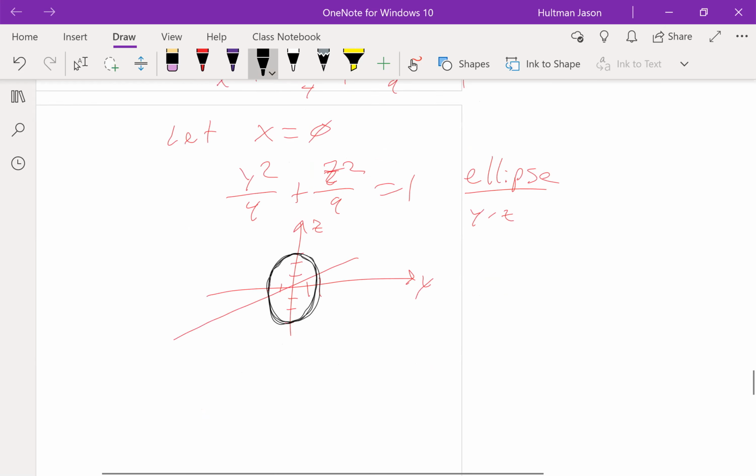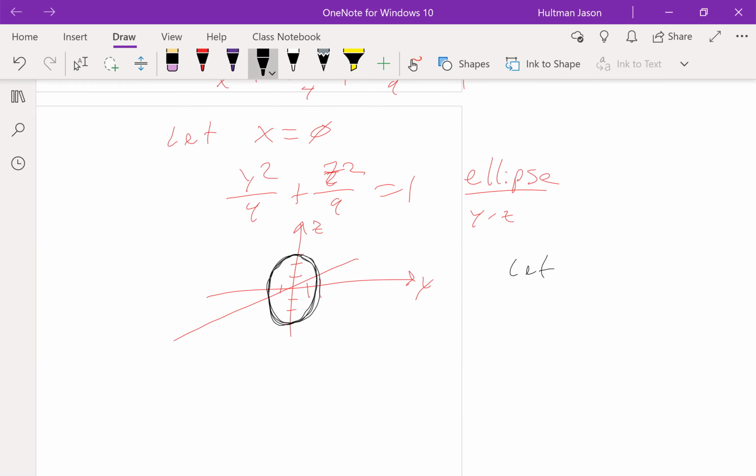Okay, so now let's let y equal 0. So now we're going to go y. Well, maybe we'll do let z equal 0 and see what happens on the floor here. Let's let z equal 0. Okay, and so z is 0, so this is going to be x squared over 1 plus y squared over 4 is equal to 1. Okay, so what does that tell me?